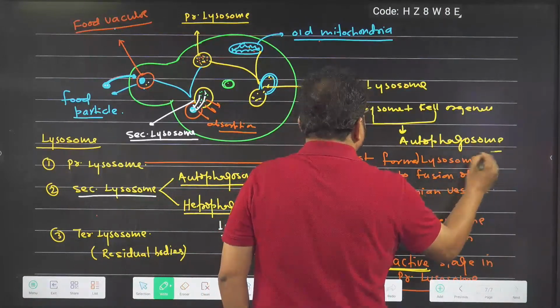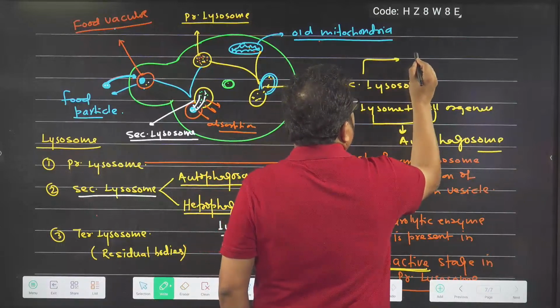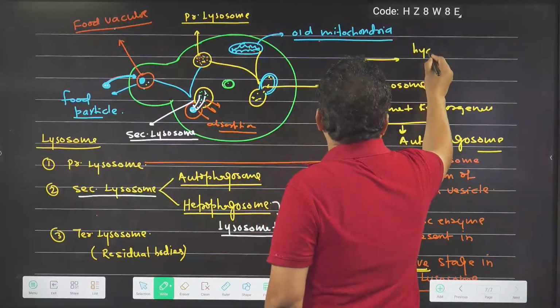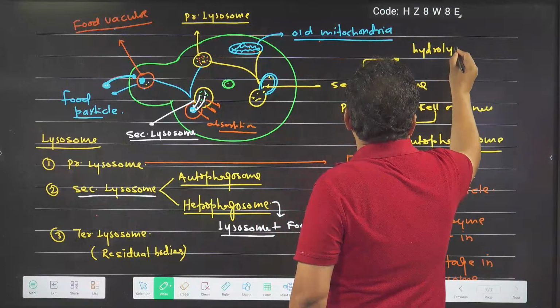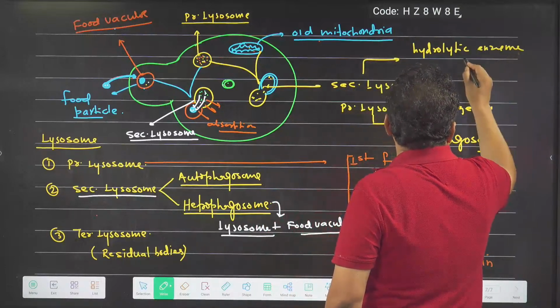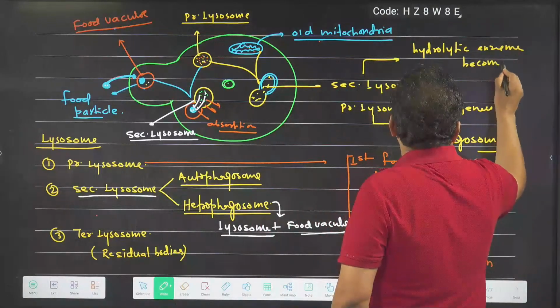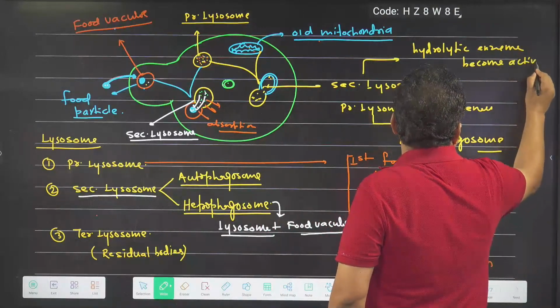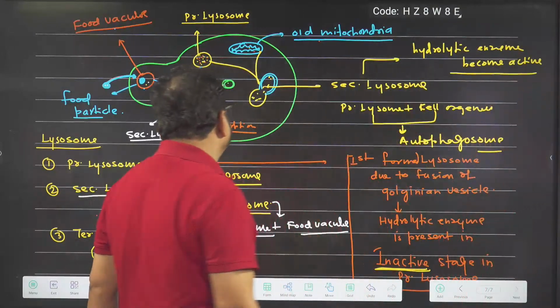And in the secondary lysosome condition, who is active? Hydrolytic enzyme is active. The enzyme becomes active. Did you get the idea?